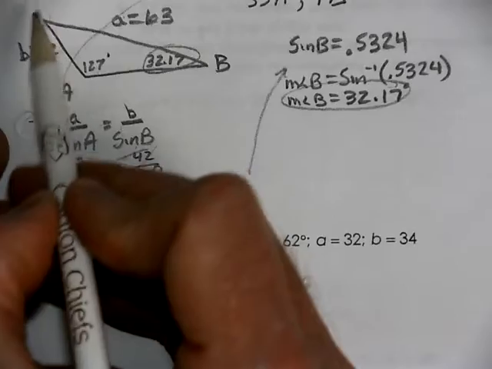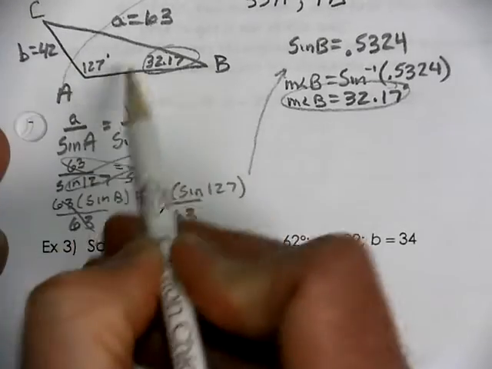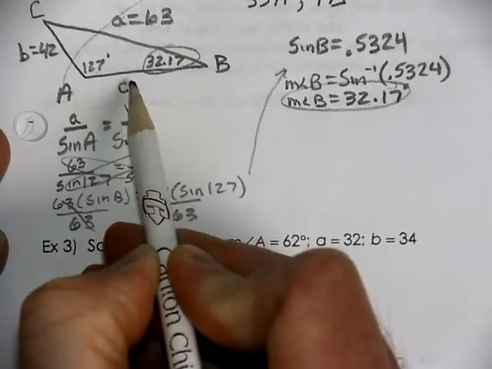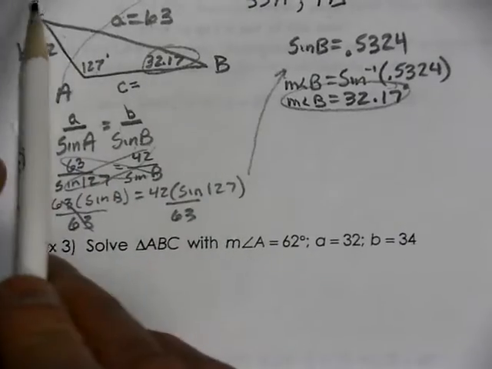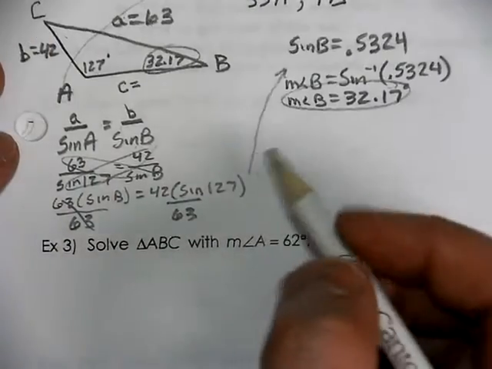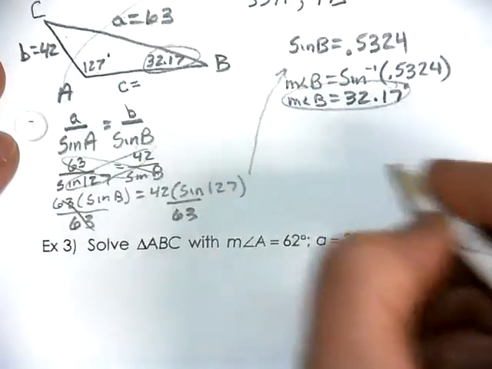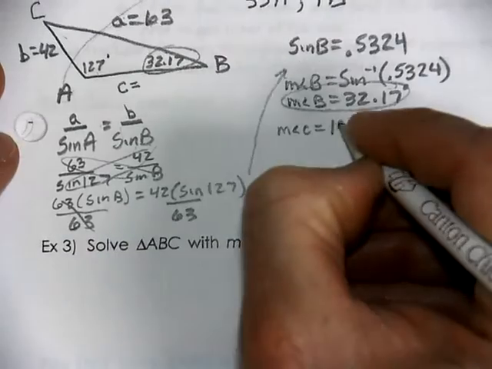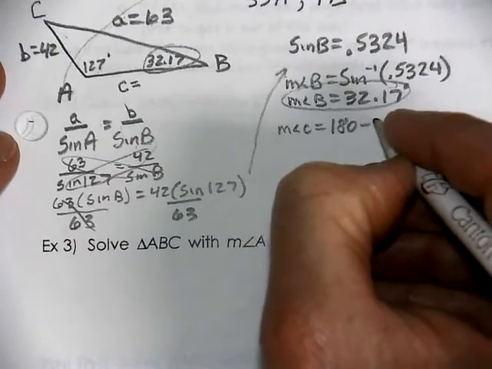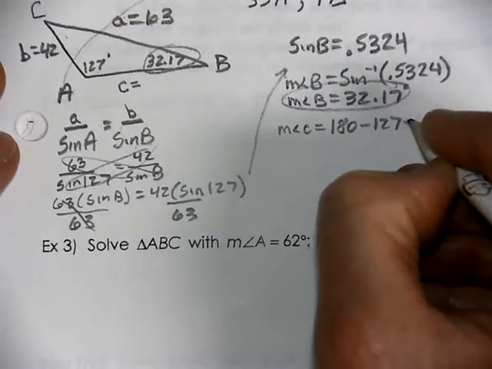So next, to find this angle C and side C, we're going to have to do another law of sines. Side C, actually, we can do that by subtracting. The measure of angle C is going to equal 180 minus what we already know for our two other angles.